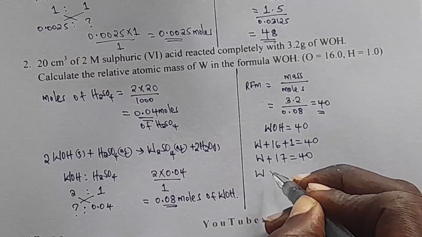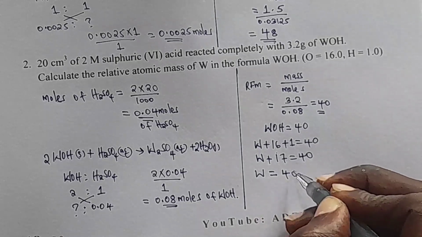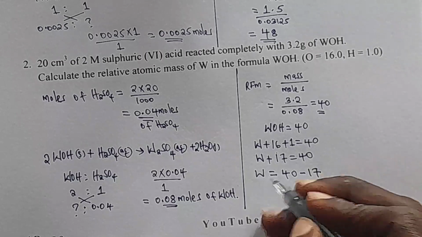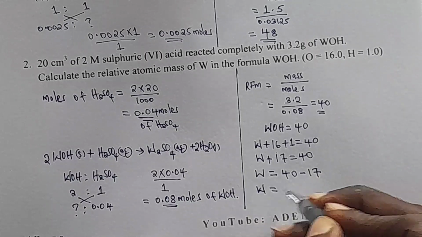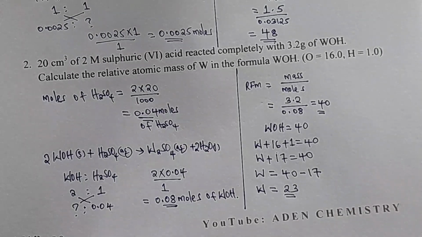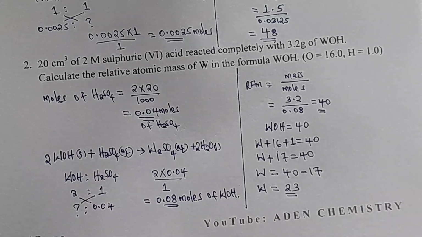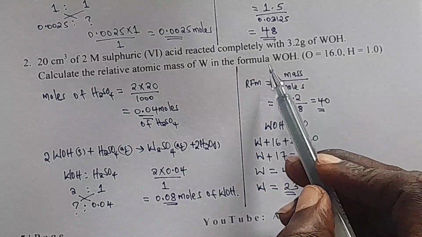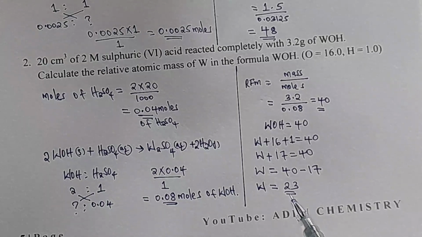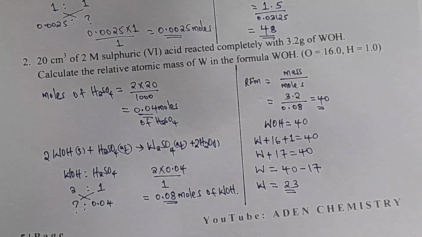If we want to get W, it will be equal to 40, then we take the 17 to the other side, it will become minus. So W will be equal to 23. So that's how we get the RAM of W in the formula W hydroxide. If you're asked the identity of element W, it will be sodium, because the RAM of sodium is 23. That's the end of our video.